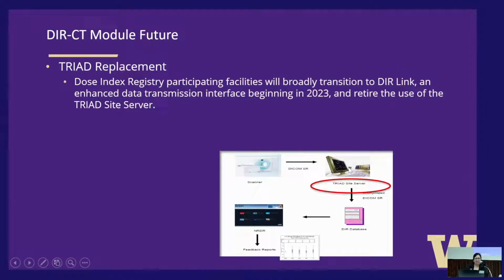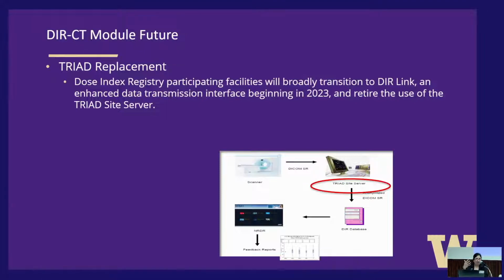And actually, I think they're using our site as a pilot site to transition to something called DIR Link, which will give you a better data transmission interface beginning in 2023, and it'll retire the use of this server. So not only from the point of view of what you're doing with the dose information, but the point of view of hardware that they're using to enhance transmission, sending data.